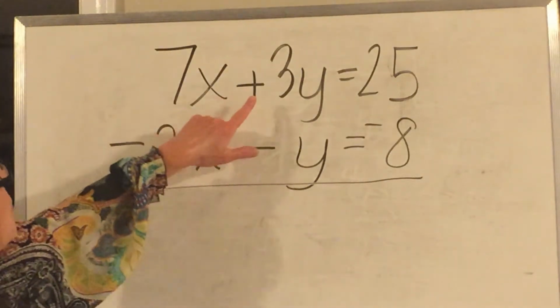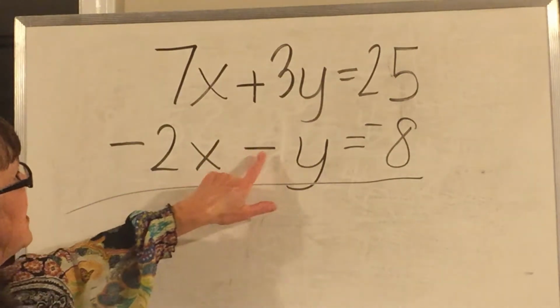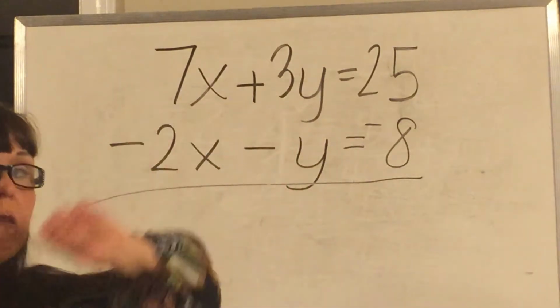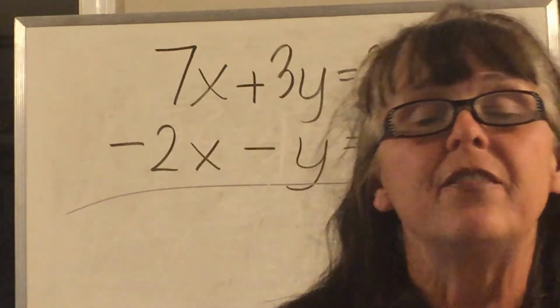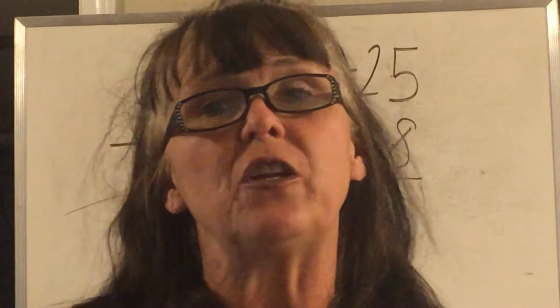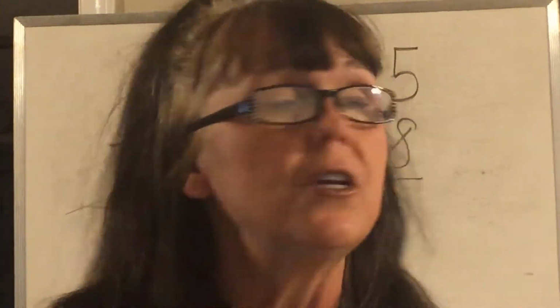Now, if you have a positive 3 here, and you want a negative 3 right there, then what do you have to multiply by? Because yesterday, they were already opposites. You didn't have to do this step. But today, you've got to make them turn into opposites. So how are you going to do that? You're going to pick a number and multiply by it.